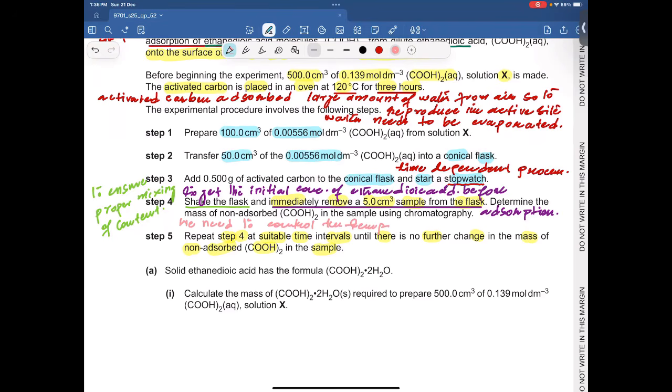because when temperature increases, kinetic energy increases. When kinetic energy increases, more molecules will evaporate, and as a result, it lowers the adsorption process.